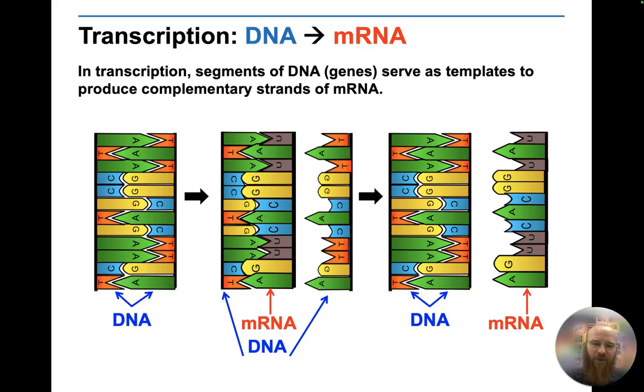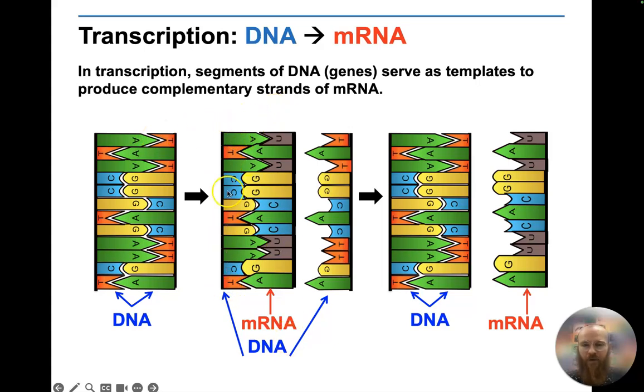So another way of seeing this here is in transcription, segments of DNA, we call those genes, carry information for a specific protein. These segments serve as templates, right? Blueprints to produce complementary strands of messenger RNA. That is the name of the game. So if we have our initial DNA molecule, we would unzip it in the middle.